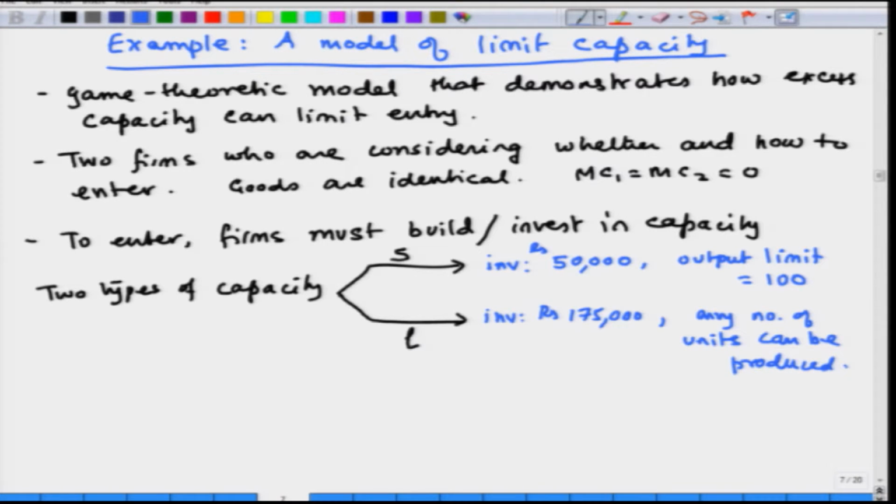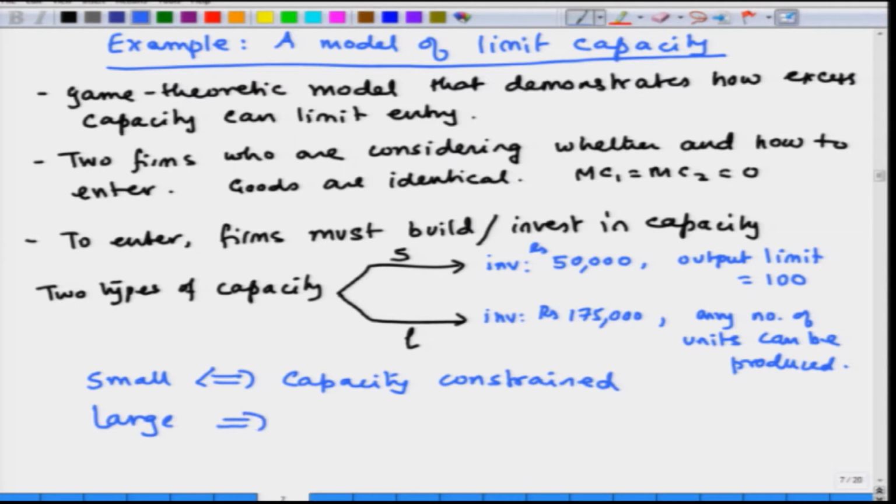So, the small capacity is what we call capacity constrained, and the large capacity is what we call capacity unconstrained, right. Okay.